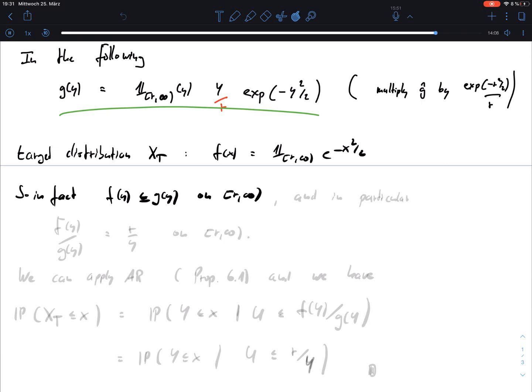So in fact, the fraction of f of y and g of y on r to infinity is actually r divided by y.